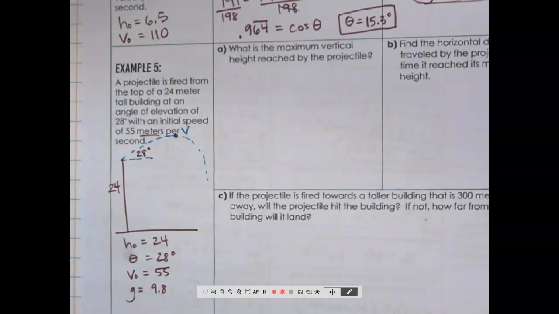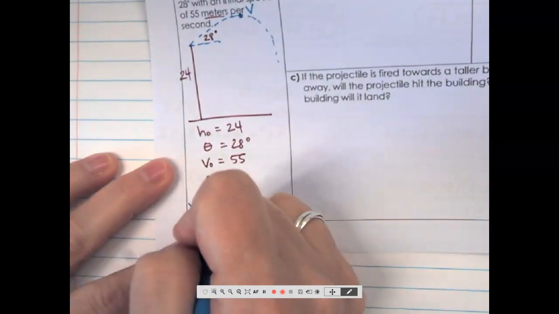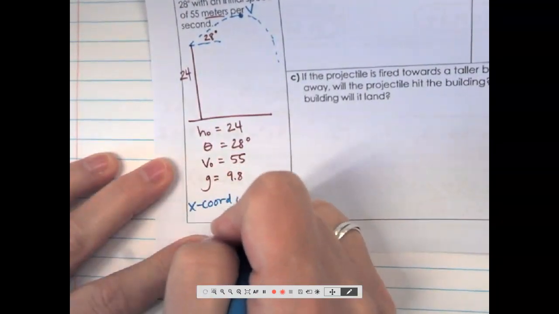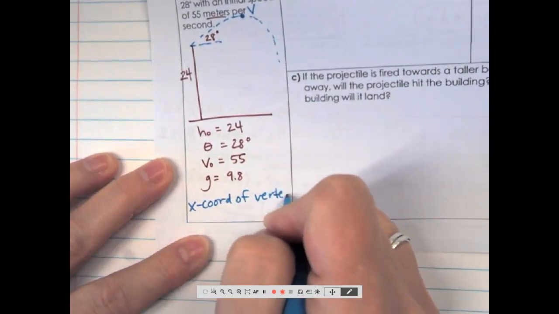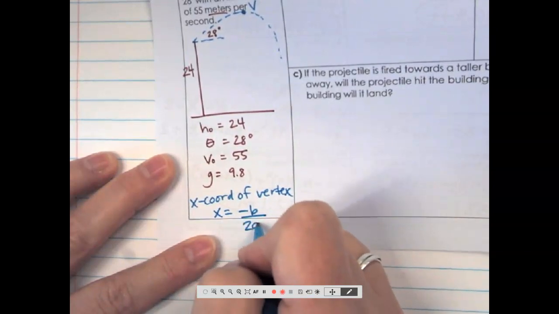Okay, I don't know if you remember this, but in algebra, there's a formula we use to find the x-coordinate of the vertex. And it's negative b over 2a. Does that ring a bell? Okay, so we're going to say the x-coordinate of vertex is negative b over 2a.